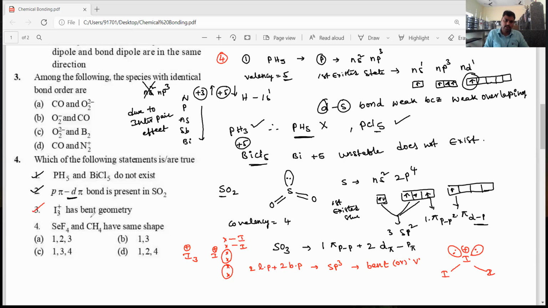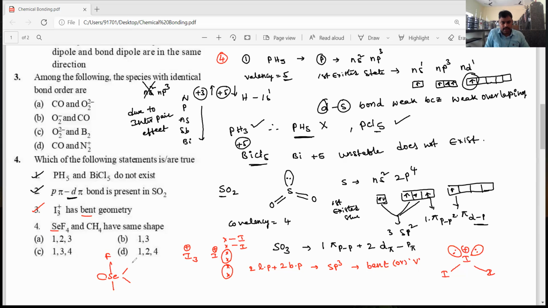It is also correct. The geometry is bent. Now, SeF4 and CH4 shapes are the same, they said. Selenium: oxygen, sulfur, selenium, and tellurium are sixth group elements. So selenium has one lone pair present and the remaining 4 bond pairs.